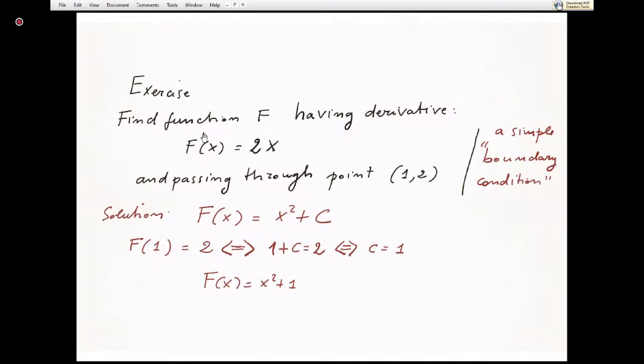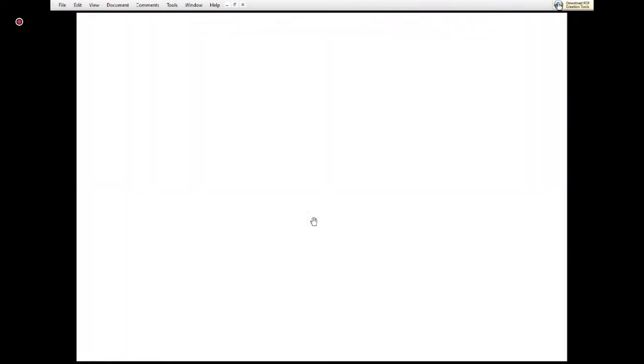From this derivative, we have a family of infinitely many functions, but adding this, we can select one among these functions, only one. What is the solution to our problem? It is x squared plus a constant. This is a family of parabolas, like this.